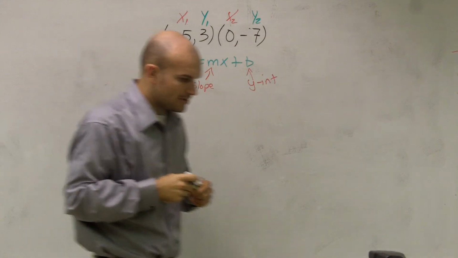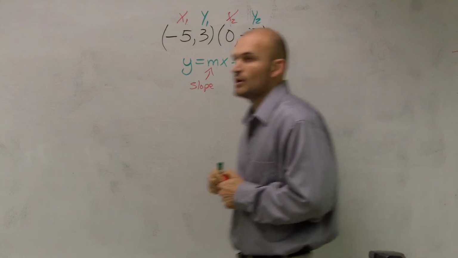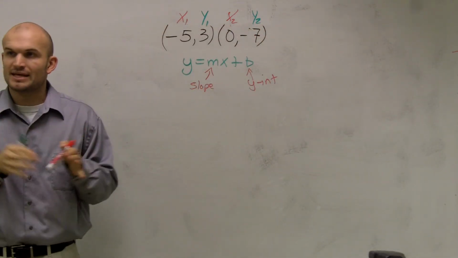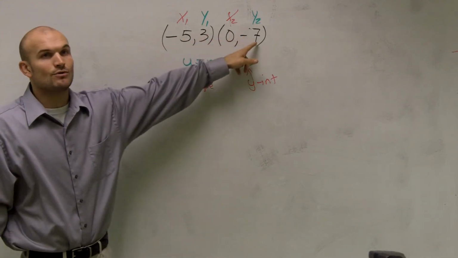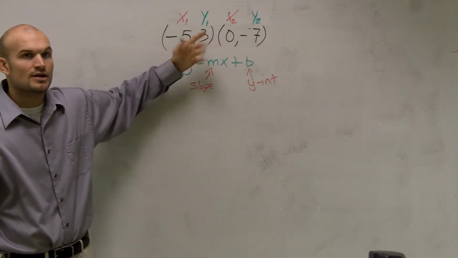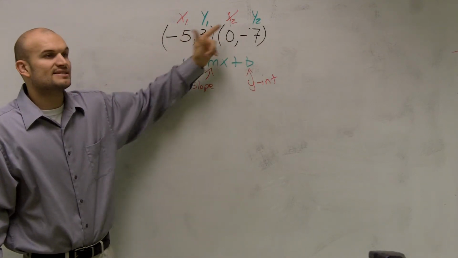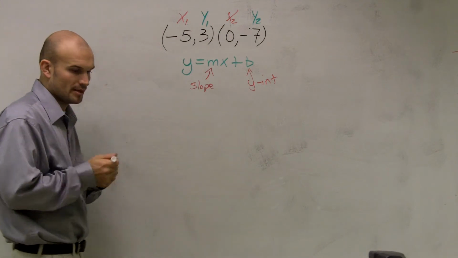The reason we label them x1 and x2 and y1 and y2 is because we want to distinguish between the x's. This is an x-coordinate and that's an x-coordinate, as well as that's a y-coordinate and that's a y-coordinate. So if I want to find the slope, I'll use the slope formula.